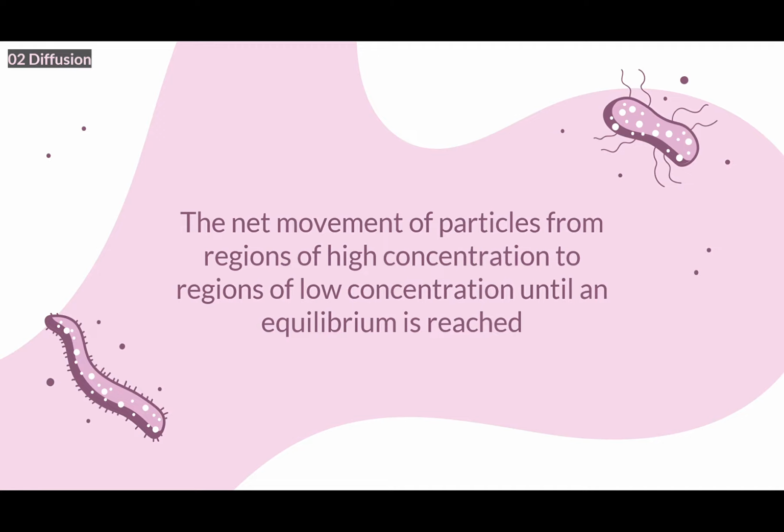That means when on both sides of the semi-permeable membrane the same concentration of that material exists. Across cell membranes, simple diffusion takes place mostly for small nonpolar molecules, as I mentioned earlier.